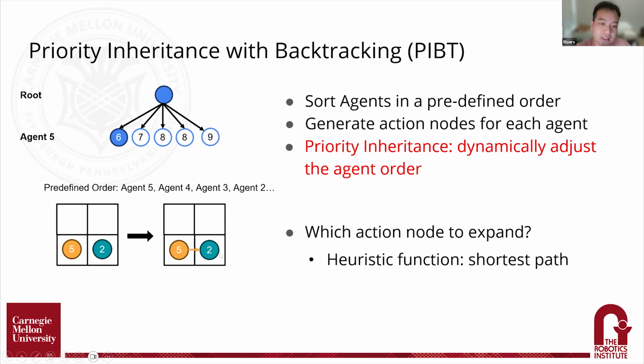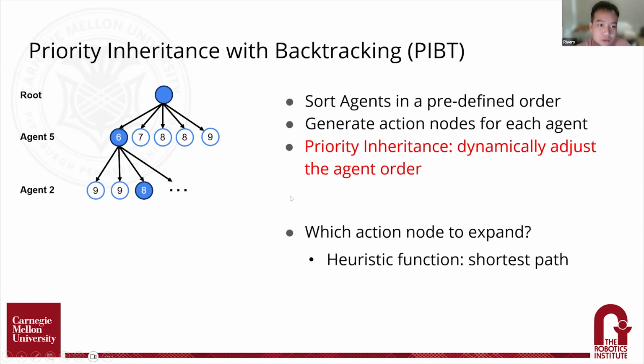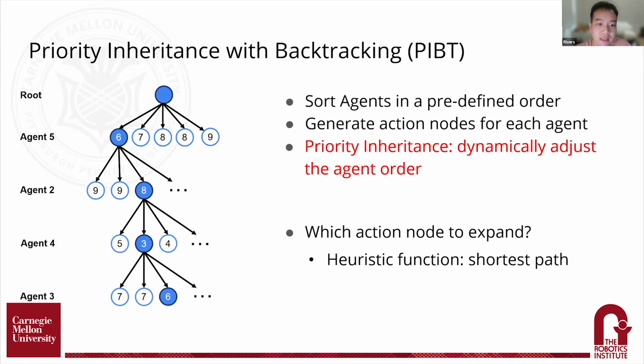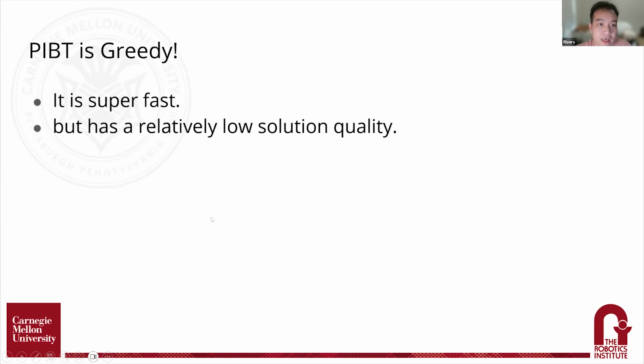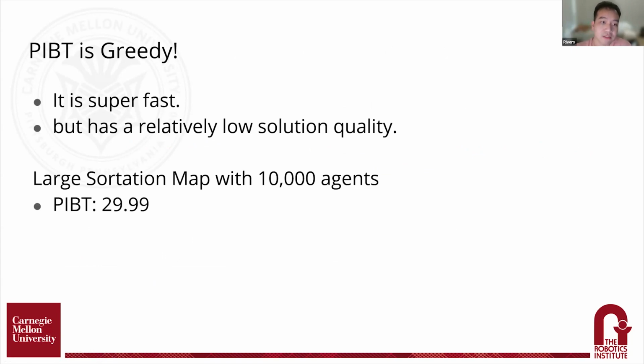If we want to find a valid solution, then agent 2 must be pushed away. So an easy idea is to consider agent 2 to be the next agent to reason about. According to these rules, we can continue to expand this search tree, and in a DFS, it returns a solution very fast. But it has a relatively low solution quality. In the largest sortation map, it has a throughput of roughly 30.